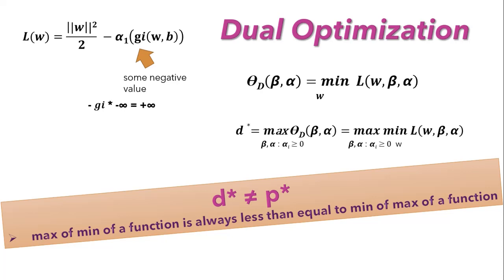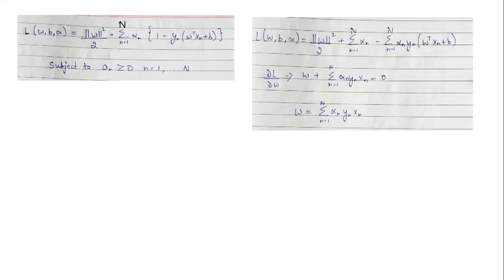So I have told you different mechanisms for finding the optimal solution for support vector machine. We can solve our problem with either primal optimization or dual optimization. Now, if we have a clear understanding of the primal and dual optimization techniques, we can solve our generalized equation by first deriving it with respect to w, and we will get w plus sigma of alpha n into yn into xn.